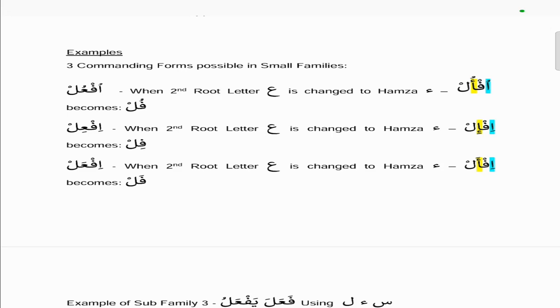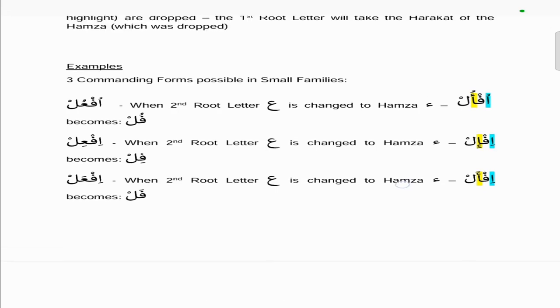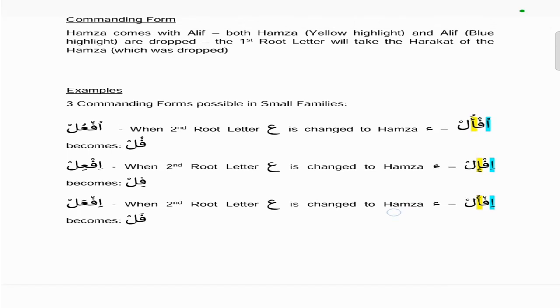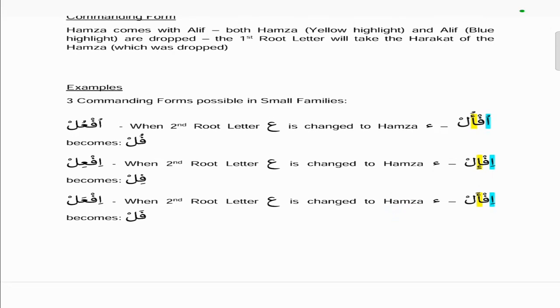Then because you have an alif with the dhamma, the blue highlighted, and the hamza with the dhamma, again yellow highlighted, then what we do is we drop the hamza, drop the alif, so both of them get dropped.